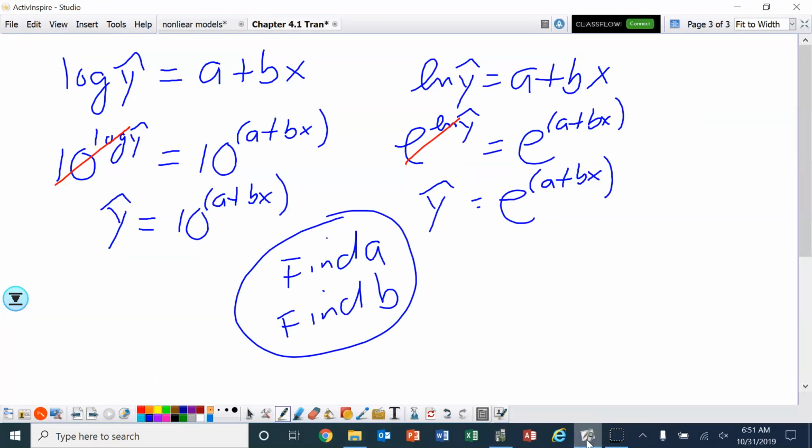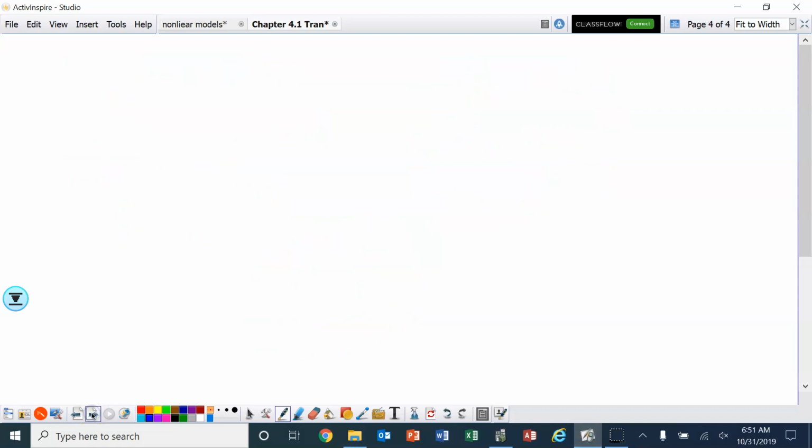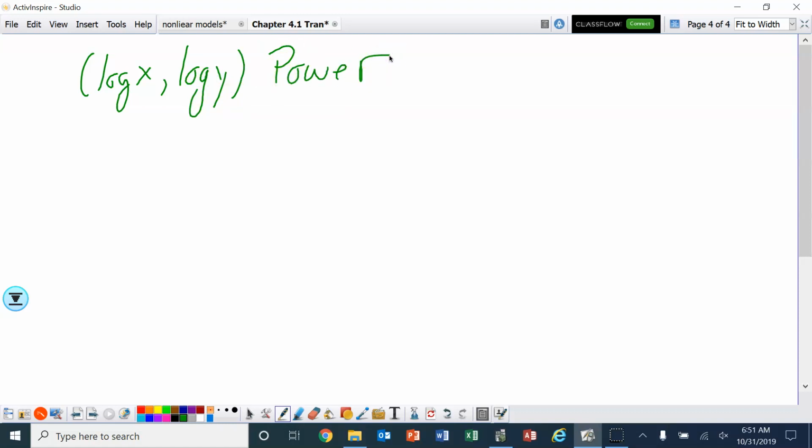All right, let's look at the other one. In this case, we're taking the log of x and the log of y, and that's the power property. So when I write this out, I have log y hat equals a plus b log x. Again, I have to get the y by itself, so I'm going to follow the same rules, except there's a little bit more work to this.